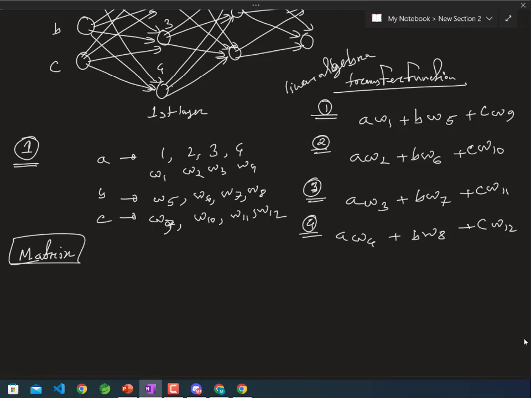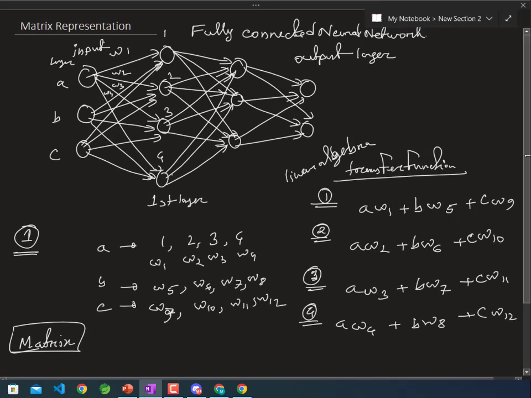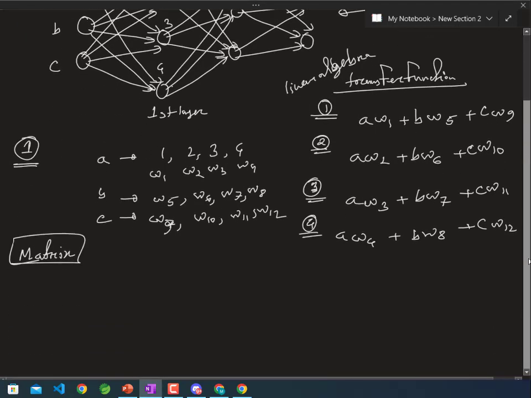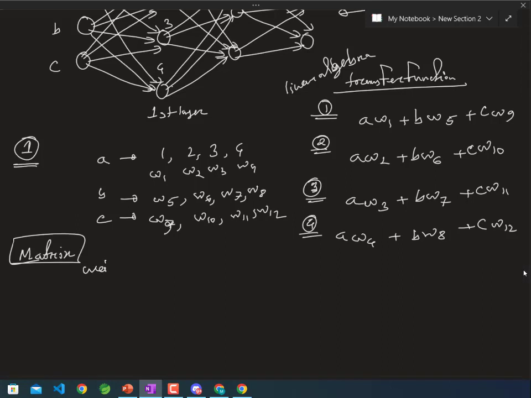So how can we map this graph into a matrix? We are all acquainted with the weight matrix of a graph, so we will reuse it for this purpose. Let's consider the weight matrix of the current graph.